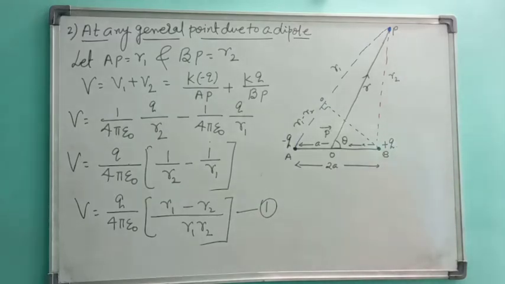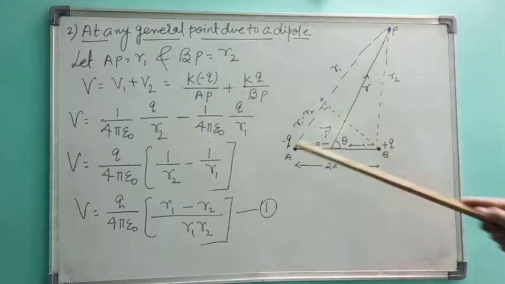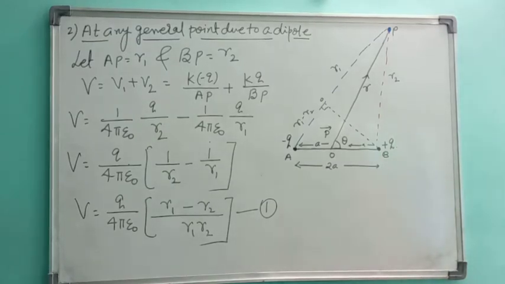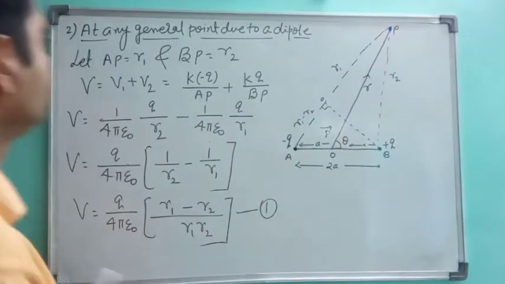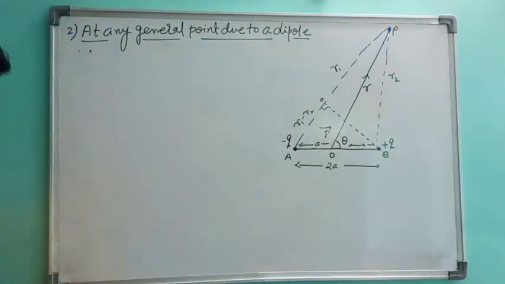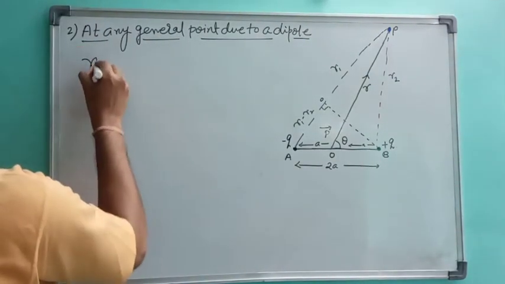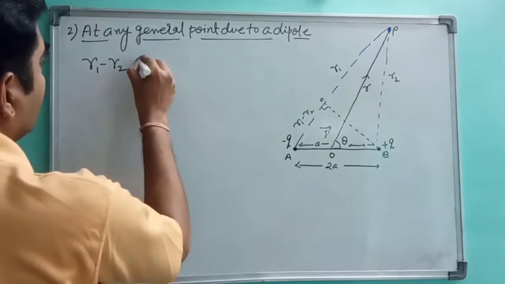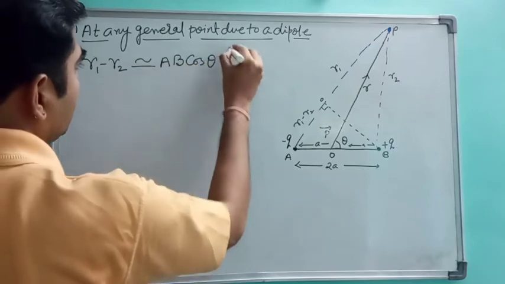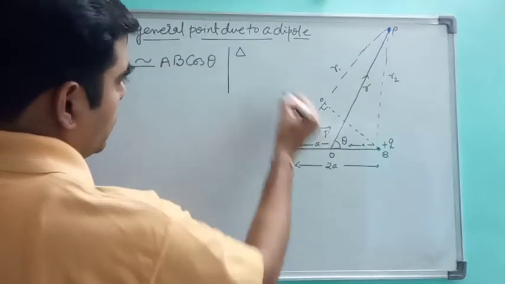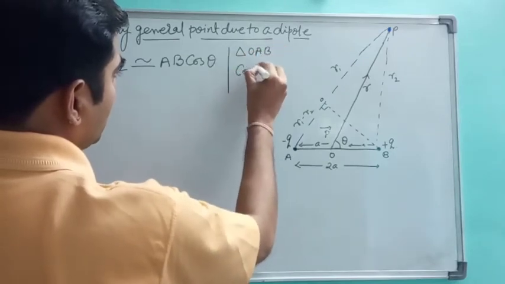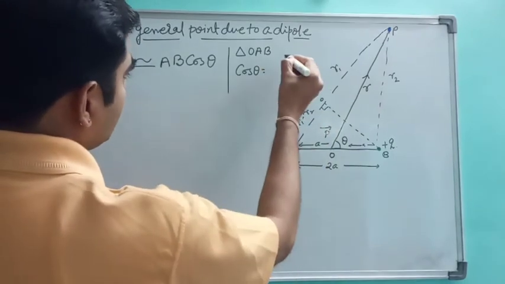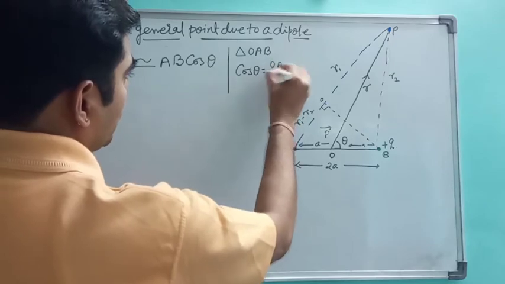Now fourth point: if the point P lies far away from the dipole, then R1 minus R2 is AB cos theta, which means making an angle OAB, and cos theta is equal to OA upon AB.